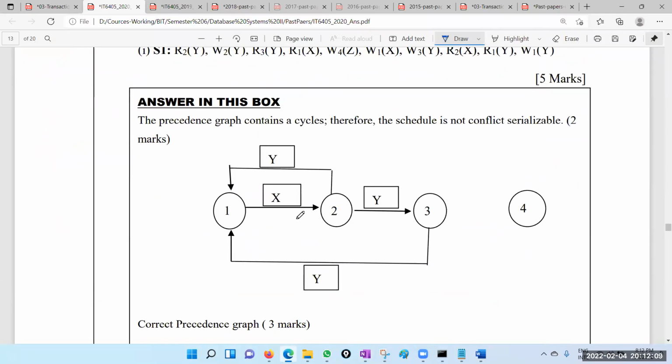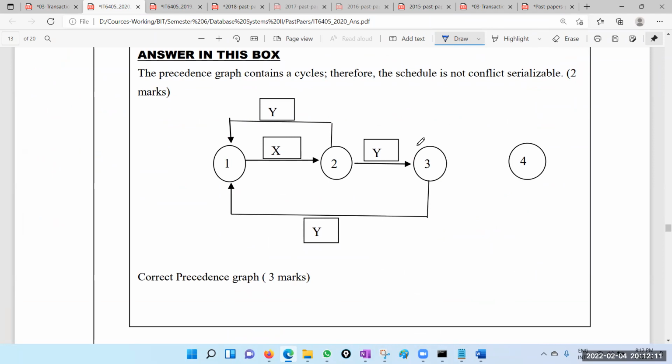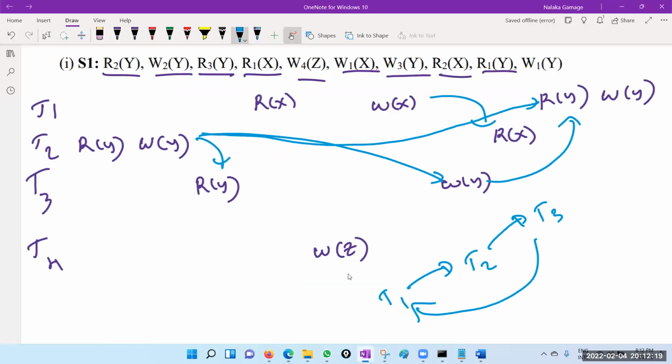Say T1, T2, T3, and there's T3 to T1. T2 to T1 is also there. There's another issue also. I didn't see that. T2 to T1. So many cycles. Actually there are 2 cycles, this cycle and this cycle. So therefore it's not conflict serializable.